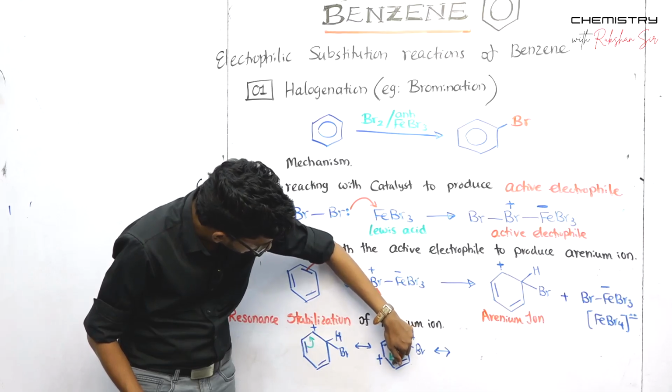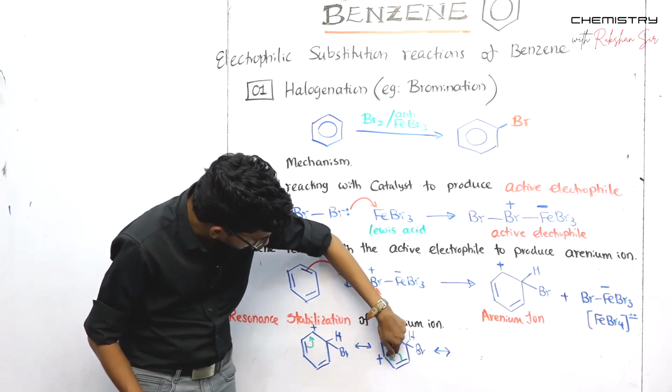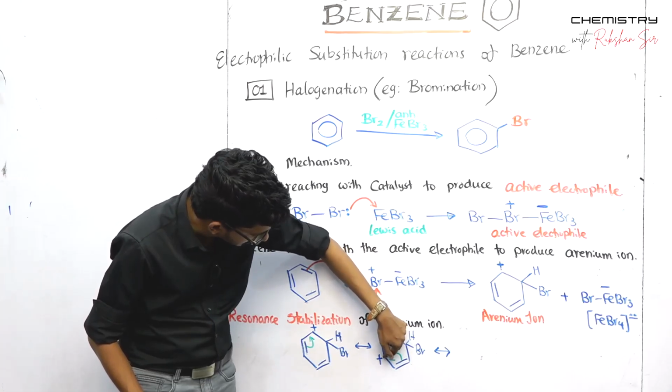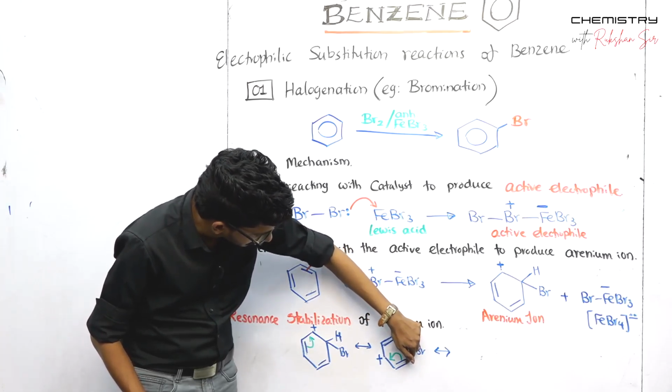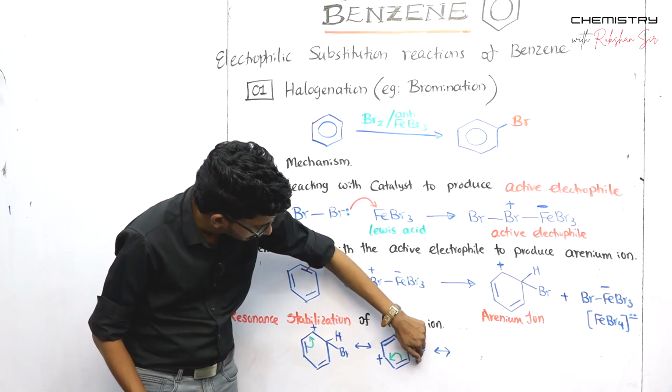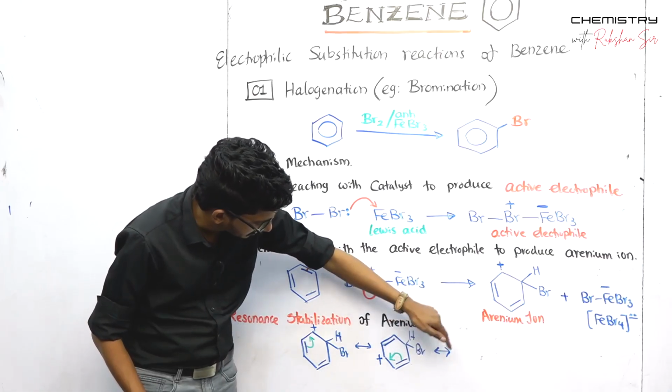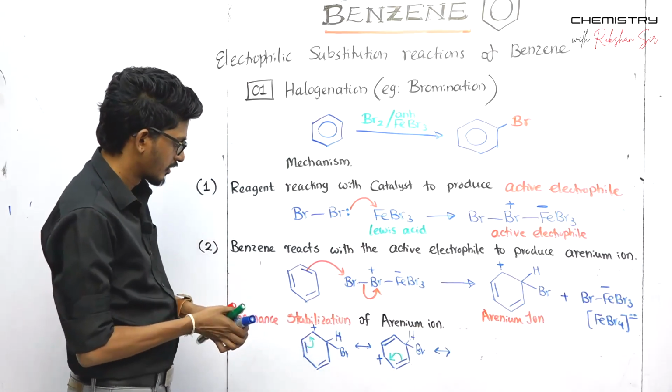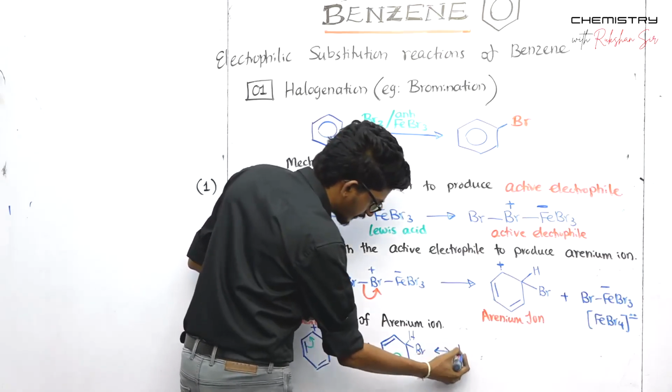So this carbon gets an electron, and the positive charge disappears on this carbon. But as the other carbon loses an electron, you will find a positive charge on the resultant structure. So let's do the next one.